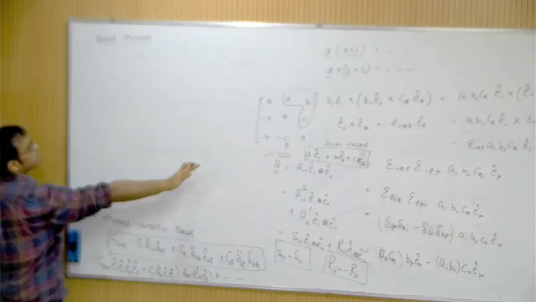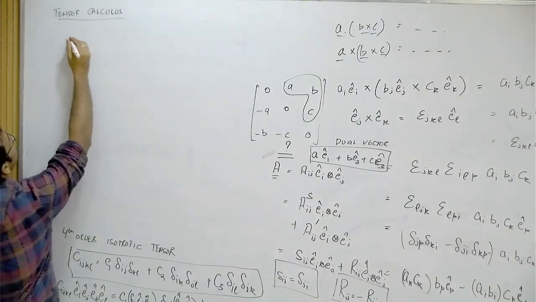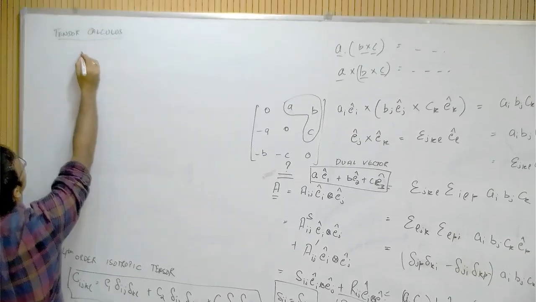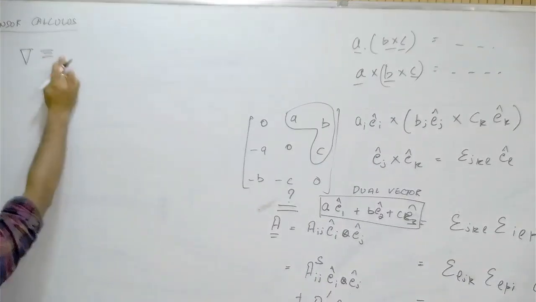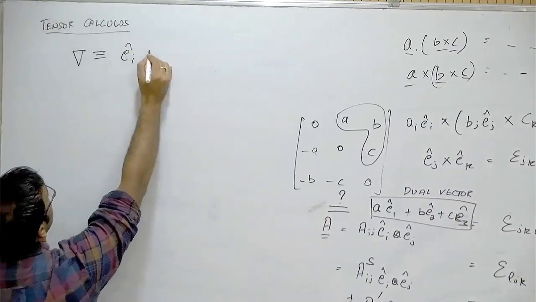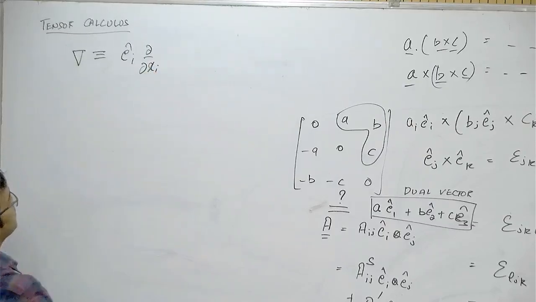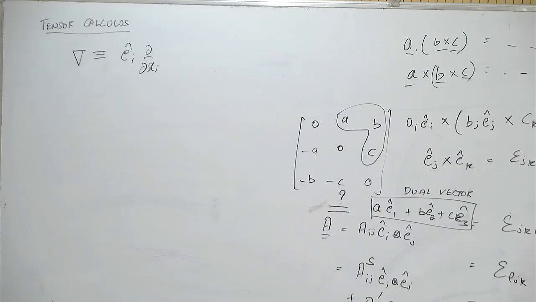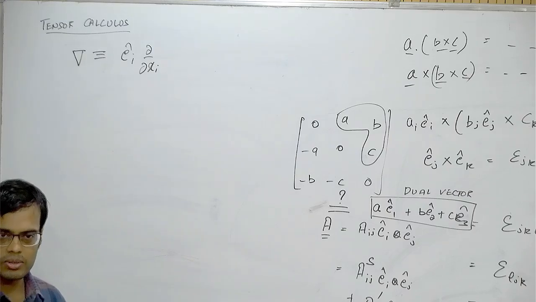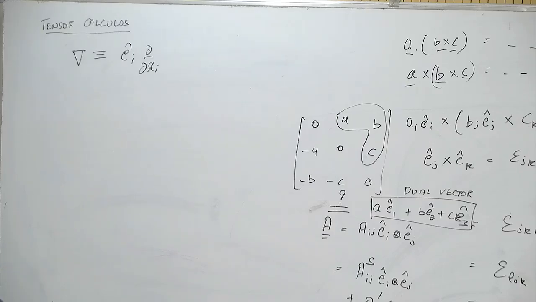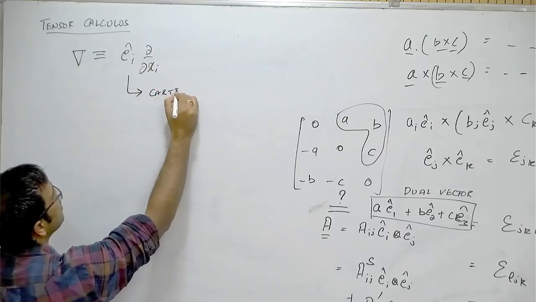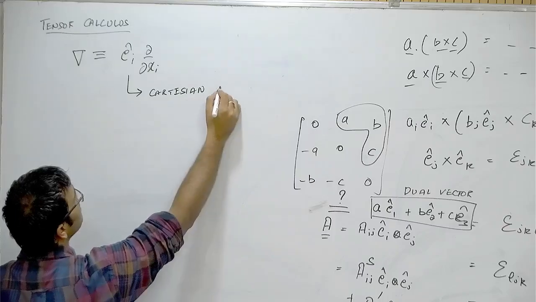So now let's review tensor calculus, and the central quantity that is going to be useful for us is the nabla operator, which we define as e hat i del by del xi. If you look at the optional section of chapter 1 that I have uploaded, you will see that this nabla operator is not so innocent, but as far as this course is concerned, it is really this much only. Here these e hat i are the Cartesian bases or unit vectors.